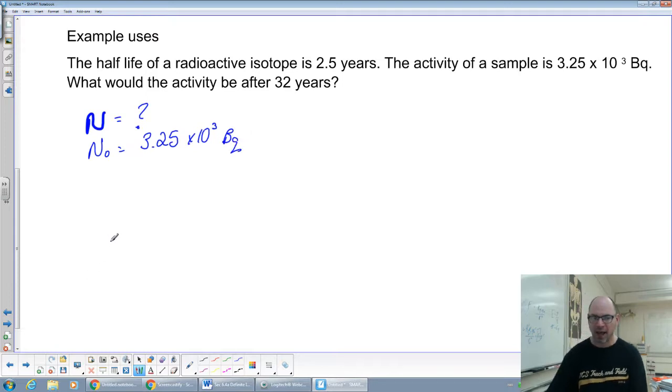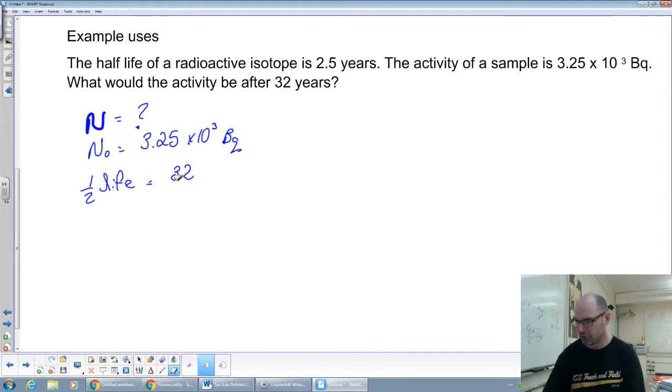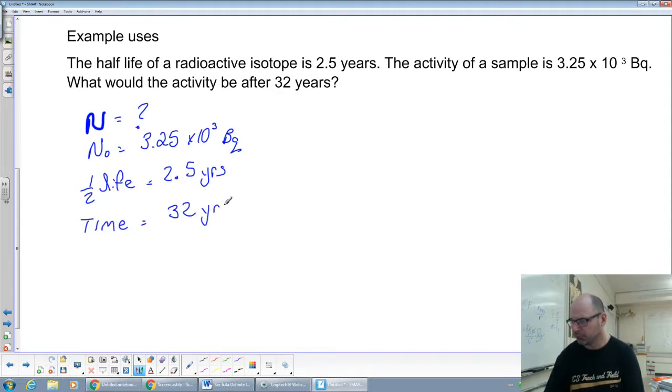And we know that the half-life of this particular element is equal to 2.5 years. And our time that we want to look at the future is 32 years in the future.